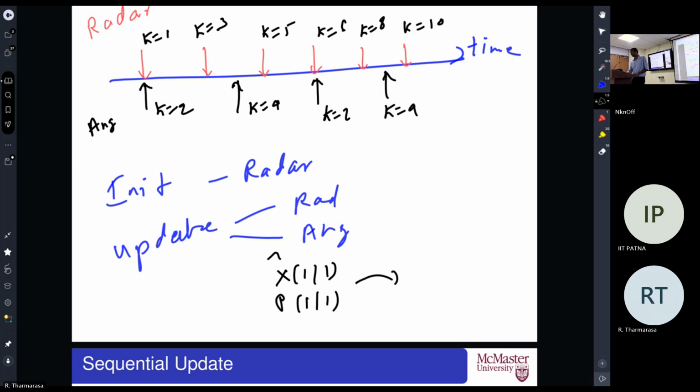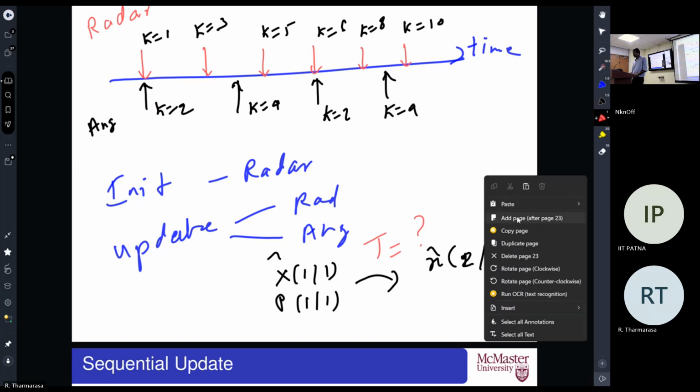Now, what is the value of T that you would use in this step? So you want to go from 1|1 to 2|1. What should be the T that you would use in the Kalman filter? In the Kalman filter, you know that you would use an F, right?